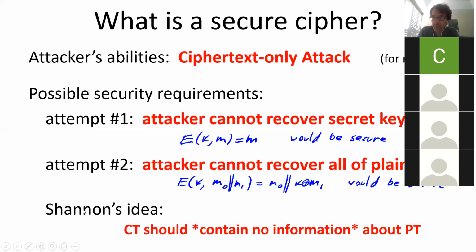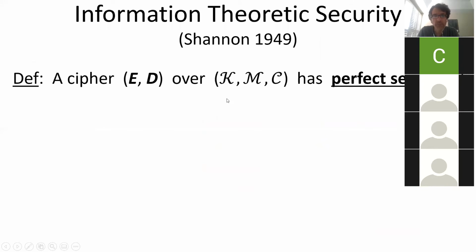In particular, he defined what it would mean for a ciphertext to contain no information about the plaintext. That is the notion we have of perfect secrecy, of so-called information theoretic secrecy, because that whole branch of science invented by Claude Shannon is called information theory. Oh, sorry, I said roughly at the same time. I was wrong.